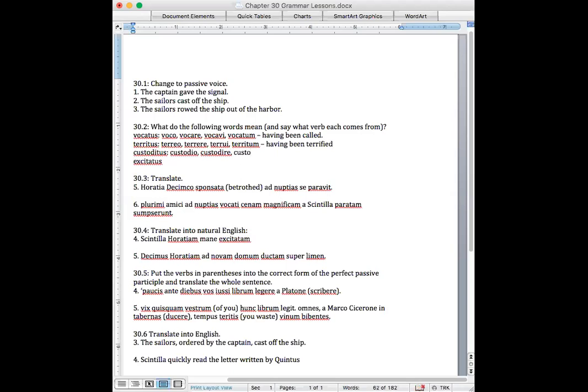Custodivi is the perfect, and then custoditum is the supine. So our perfect passive participle will be translated as having been guarded. Again, by zombies or by something.